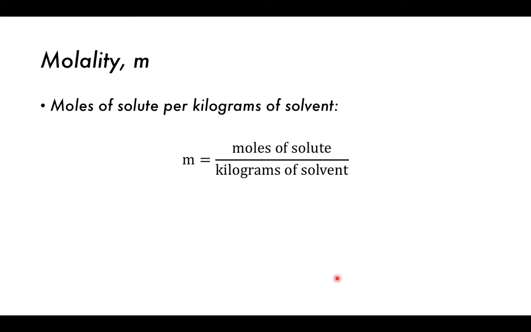Masses are universal throughout the world and throughout the different environmental and atmospheric conditions, whereas volumes can change. So it's often useful to use this molality, where moles of solute are divided by kilograms of solvent.